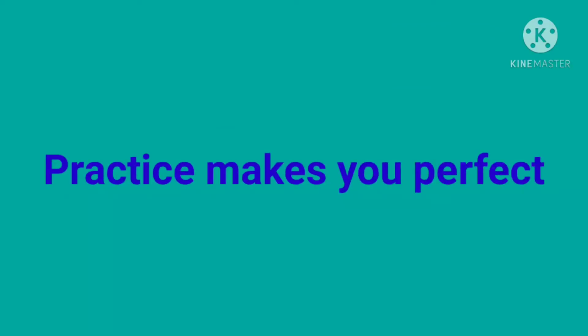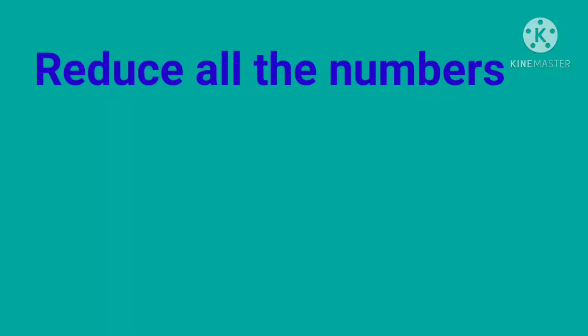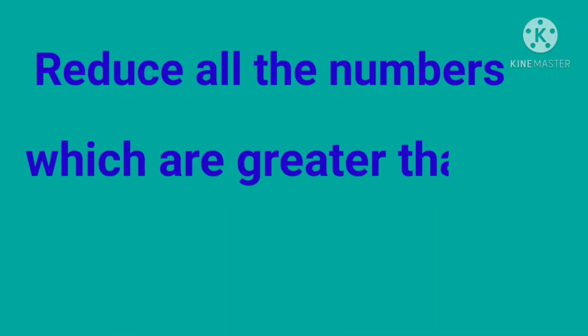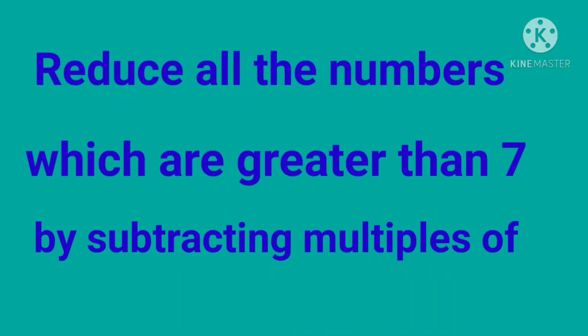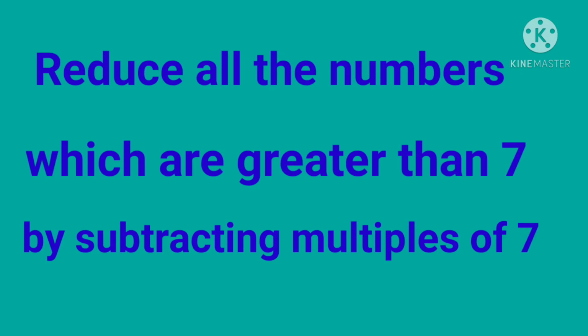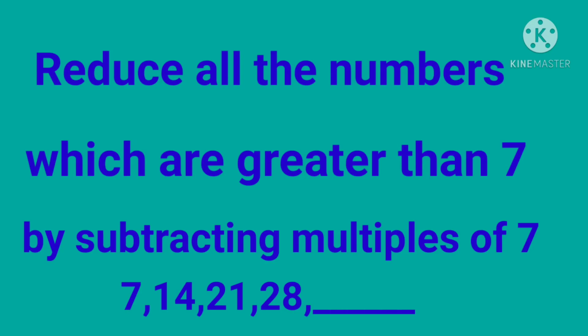Before we use the formula, we reduce all the numbers which are greater than 7 by subtracting multiples of 7, that is 7, 14, 21, 28 and so on.